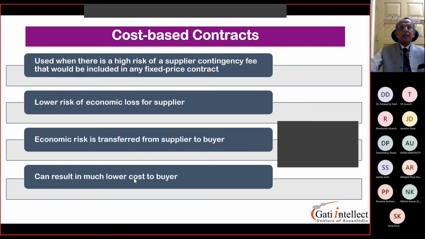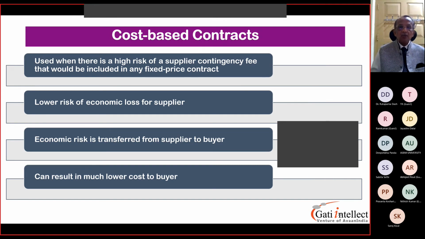Right, cost-based contracts. Okay, I'll give you one example of cost-based contracts. See, what it means is between the two parties there is an agreement. I will do it at cost, but give me 20% or 15% as my markup.